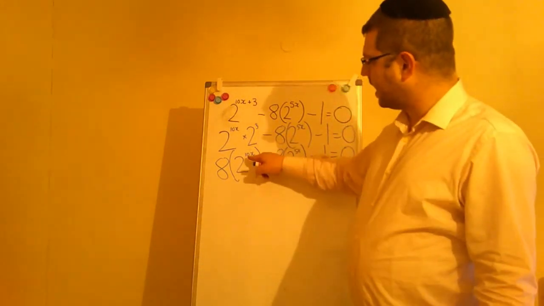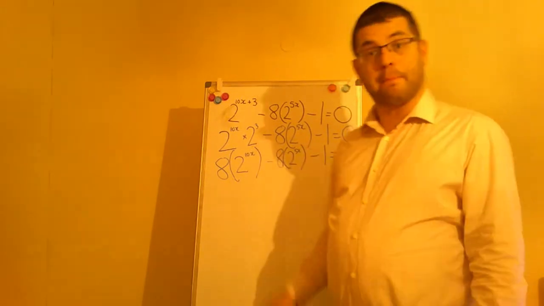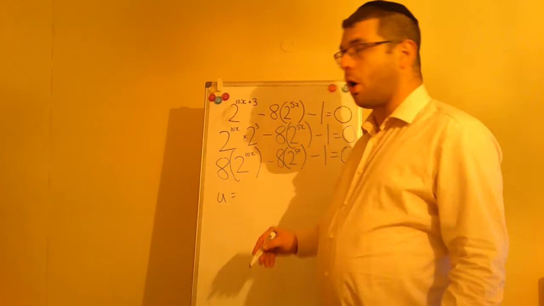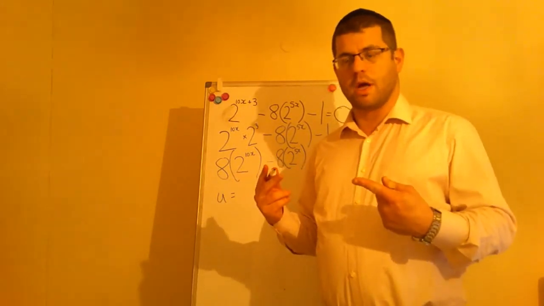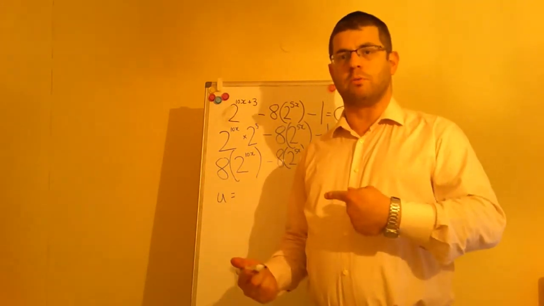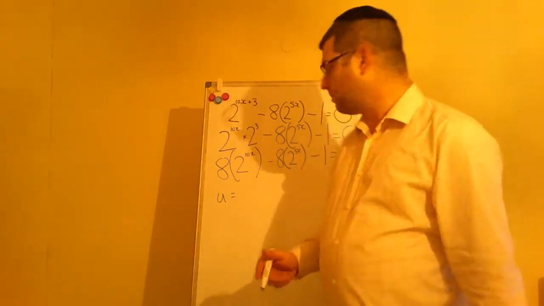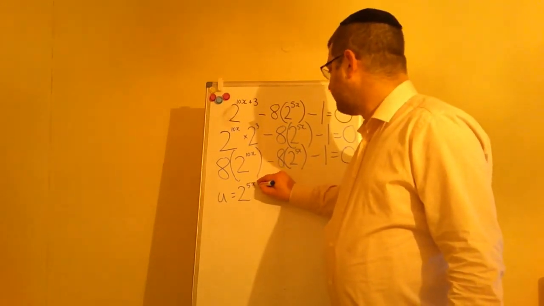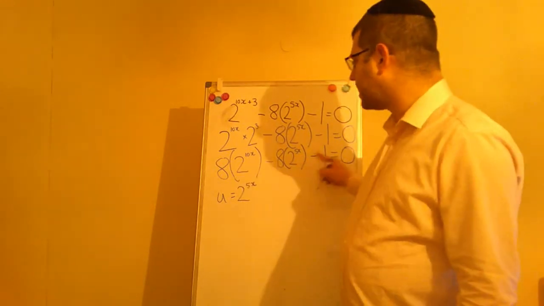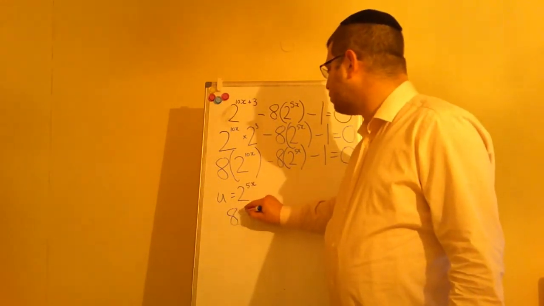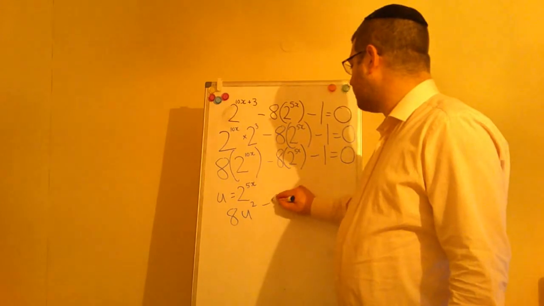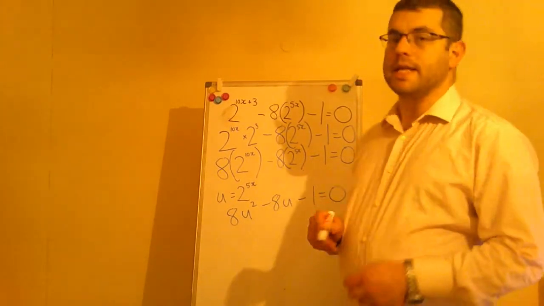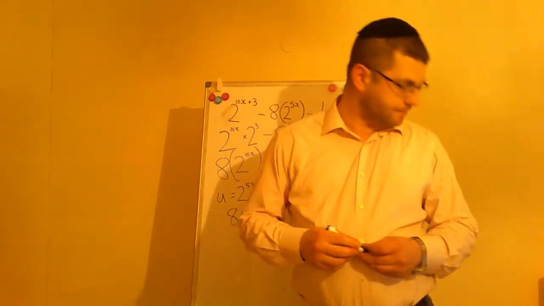I notice this power is double that power, and therefore a substitution of the lower of the two powers, because that means that the u squared will be the one that's doubled, giving me a quadratic. So u is 2 to the 5x, and then this becomes 8u squared, like in the last example, minus 8u minus 1 is equal to 0.